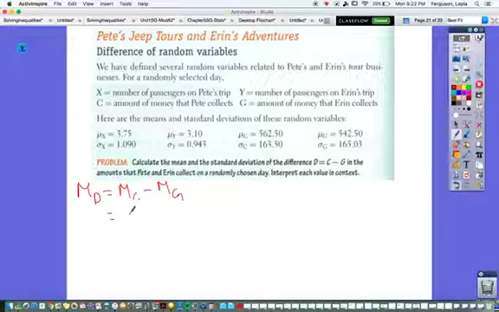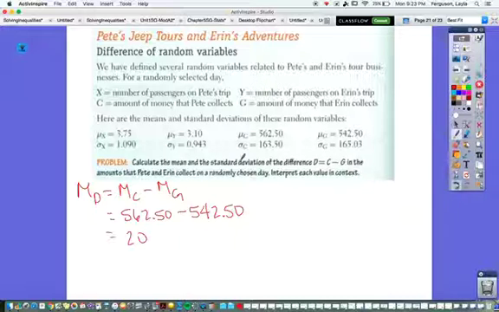We know that the mean of c is 562.50, and the mean of g is equal to 542.50, and we would just subtract those. 562.50 minus 542.50 gives 20. So what that means is, on average, Pete collects $20 per day more than Aaron does.